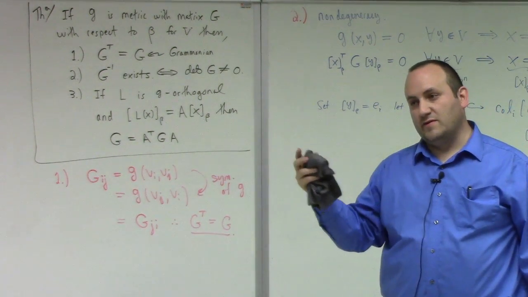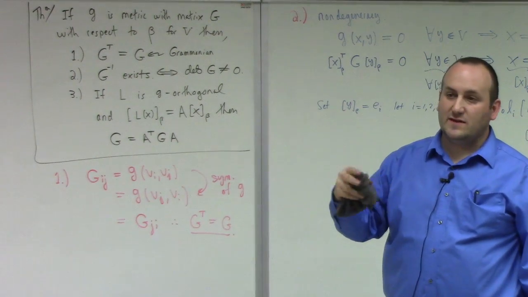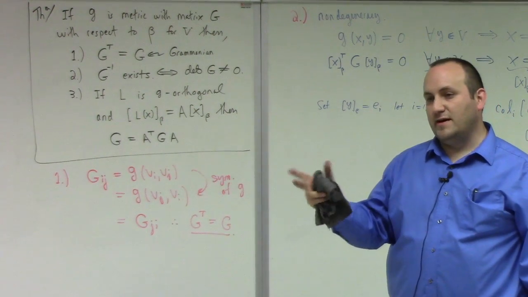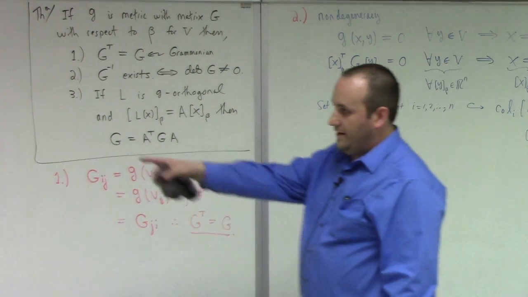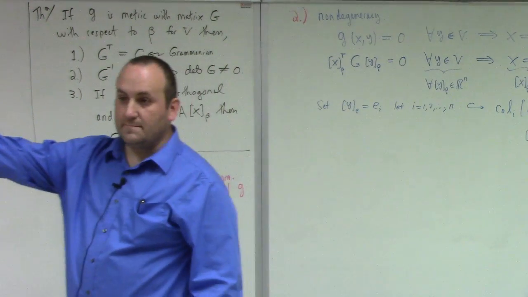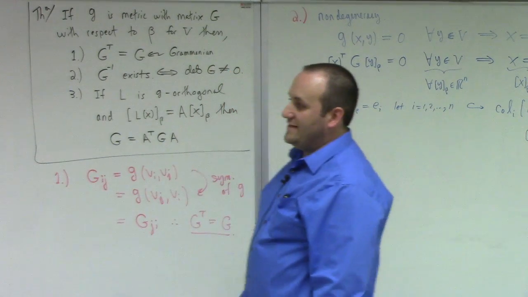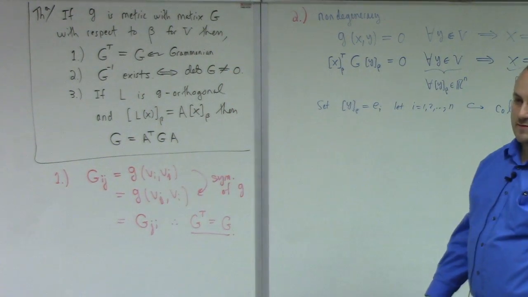The number of minus ones is p, the number of ones is q. P comma q is called the signature of the metric. Like, this metric has signature 1, 3. And that's an invariant, the number of minuses and the number of pluses.